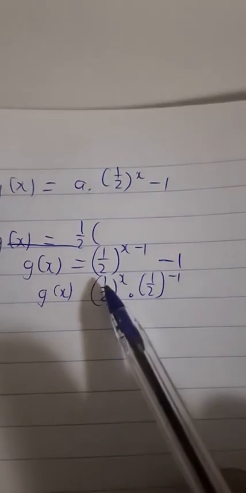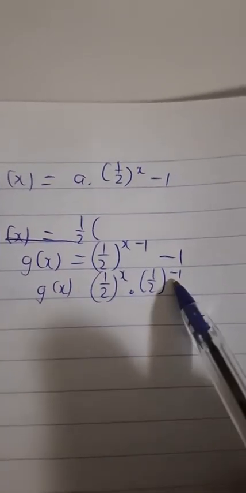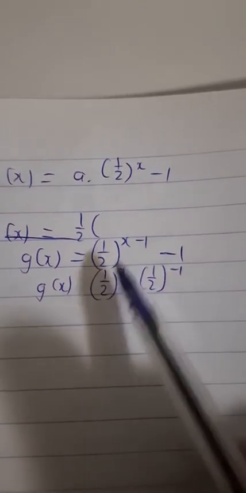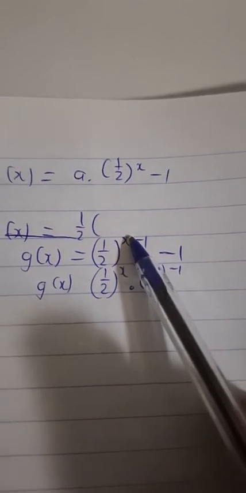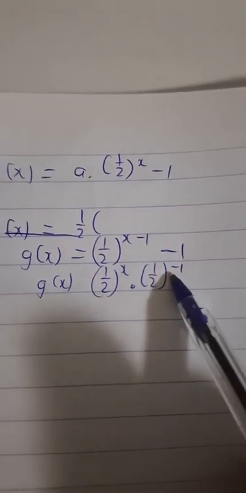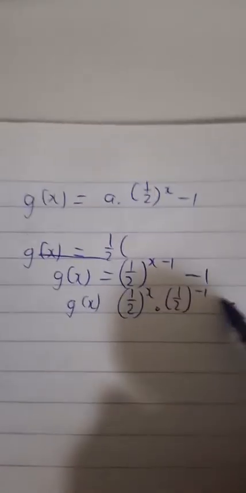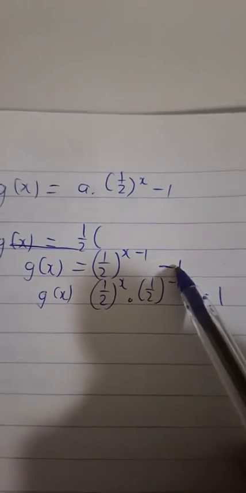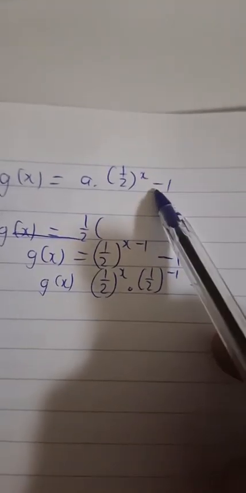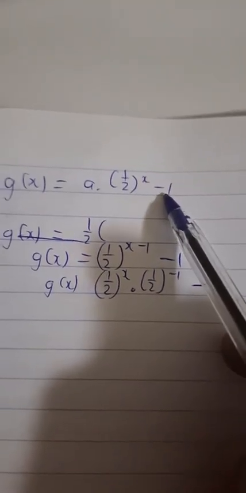So in other words, we can split half to the power x times half to the power negative 1. And then obviously there's the minus 1 that we have there, which is basically the constant. So this negative 1 is still in place.